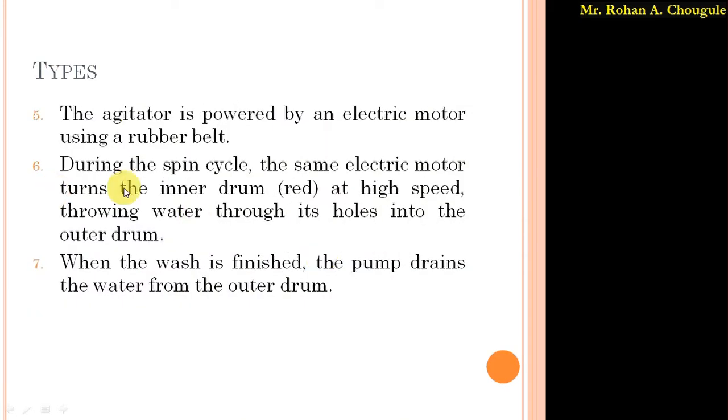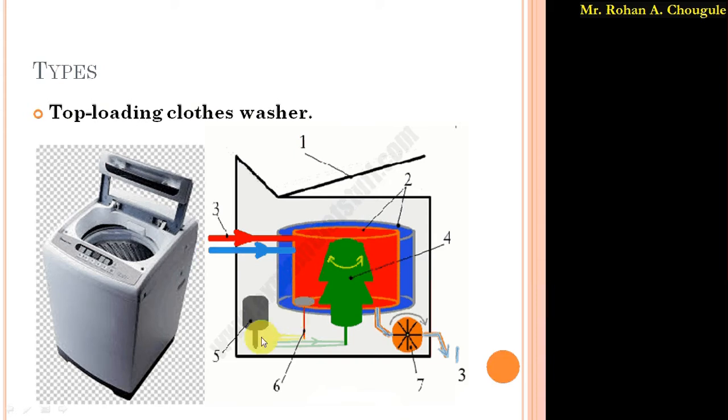During the spin cycle, the same electric motor turns the inner drum at high speed, throwing the water through the holes into the outer drum. As I said, the blue colored line is again a rubber belt connected to this inner drum.